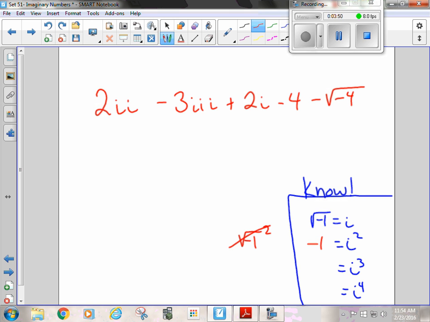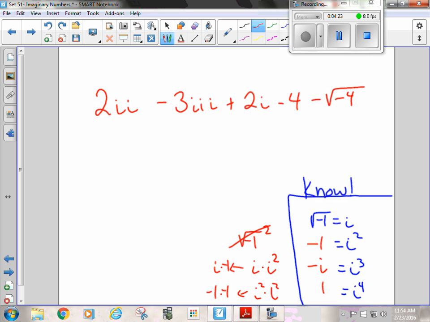i to the third, we can break that into thinking of it as i times i squared. We just discovered that i squared is the same thing as -1, so I'm going to change that into i times -1, which makes i cubed -i. i to the fourth, I can rewrite it as i squared times i squared, and we know that i squared is -1, so I can write this as -1 times -1, which turns into a +1.